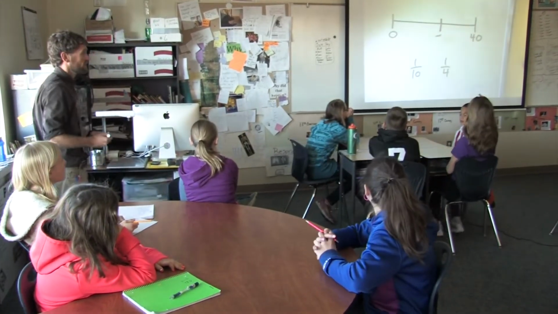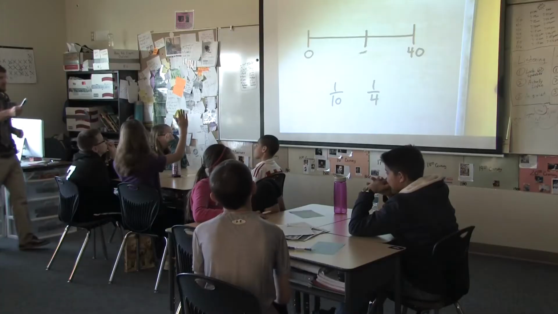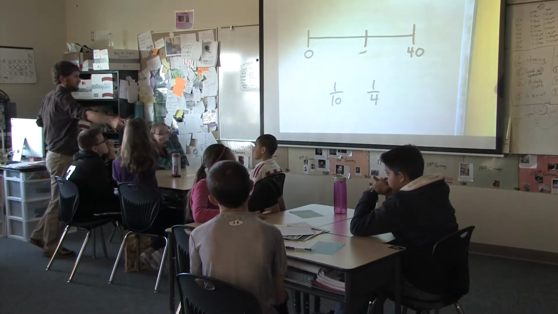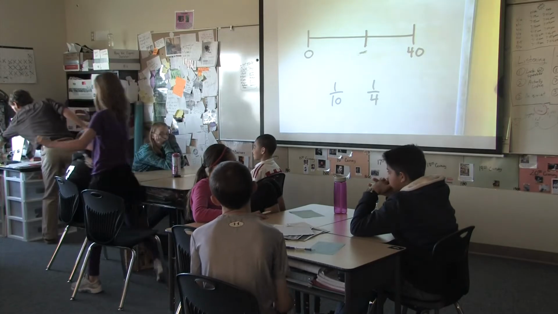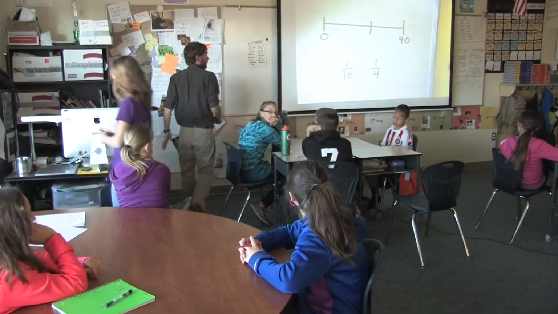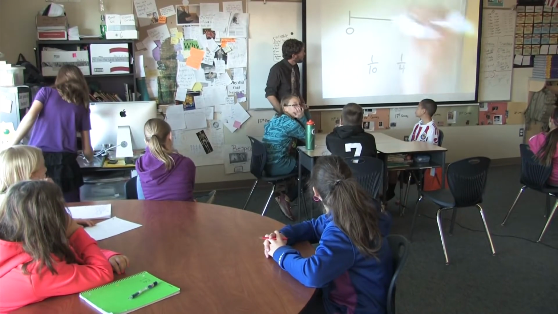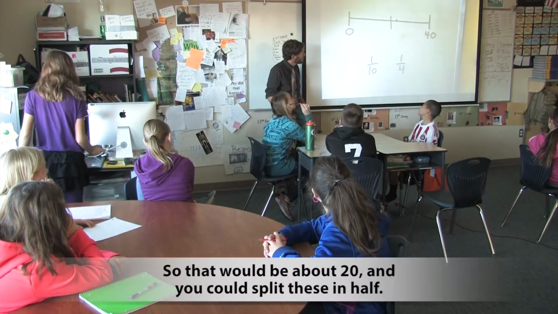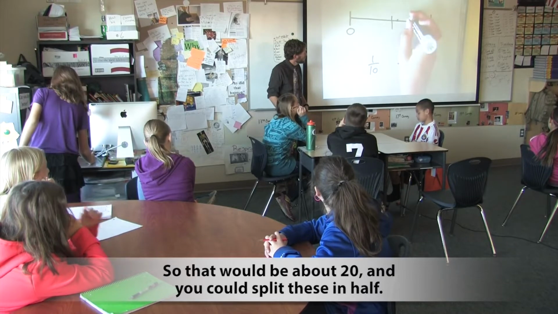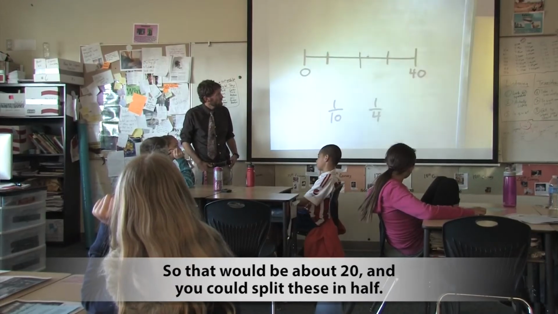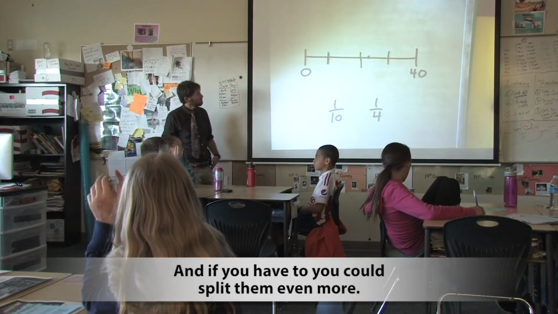Yeah, Trinity, you could do the half mark, and then you can split those in half. Show us. So that would be about 20. You can split these in half, and you can split them even more.